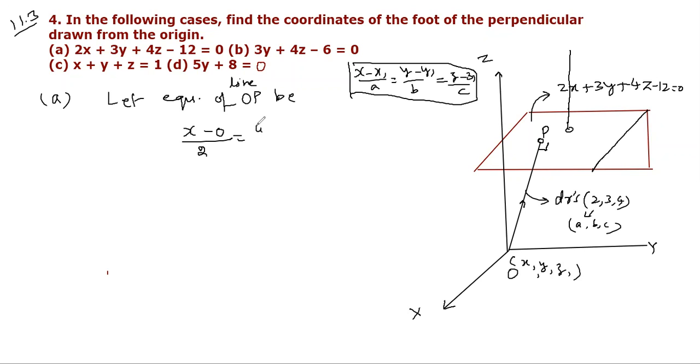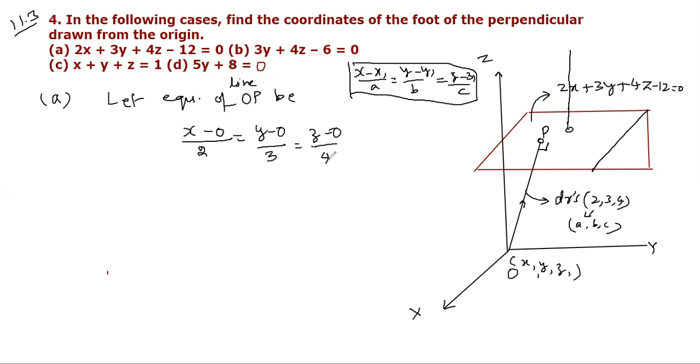So its equation will be x minus 0 upon 2, y minus 0 upon 3, and z minus 0 upon 4. Sorry, 2, 3, and 4 are the drs of this line.